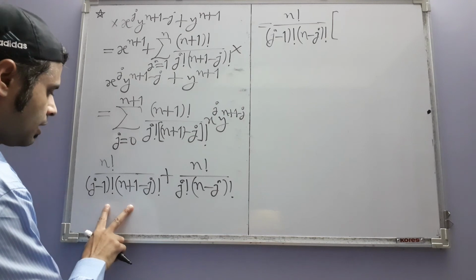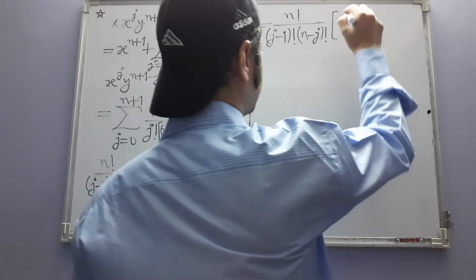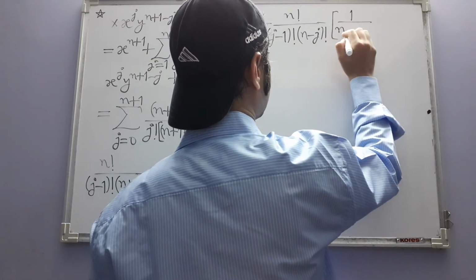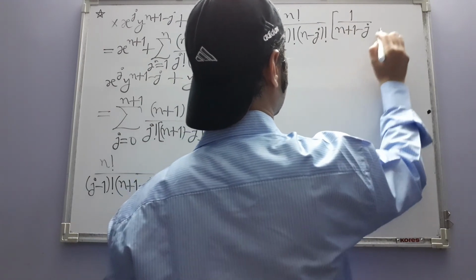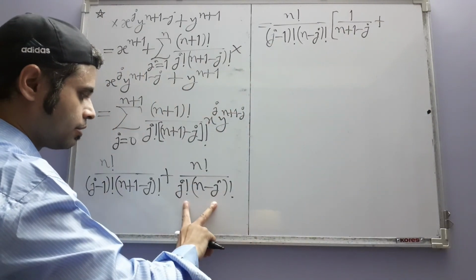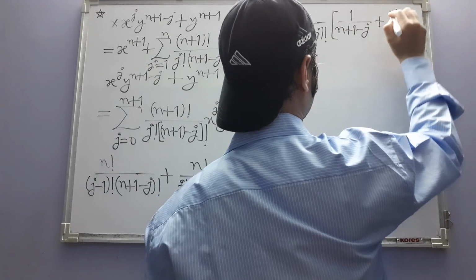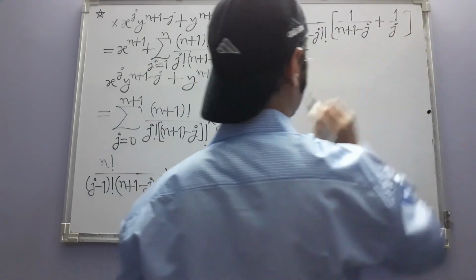So here we are left with, and here we are left with 1 over j.